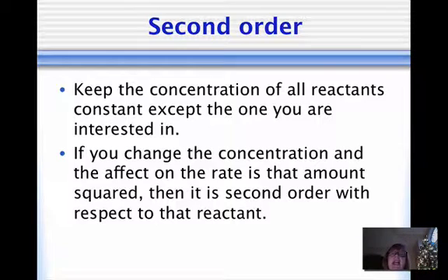But if you change the concentration of the one you're interested in, the effect on the rate would be squared. So if you doubled a concentration, the rate would be quadrupled. Or if you made your concentration 10 times greater, the rate would go 100 times faster. That's called second order. Whatever you do to your concentration, if you double it, you square that 2, and the reaction would go 4 times faster.